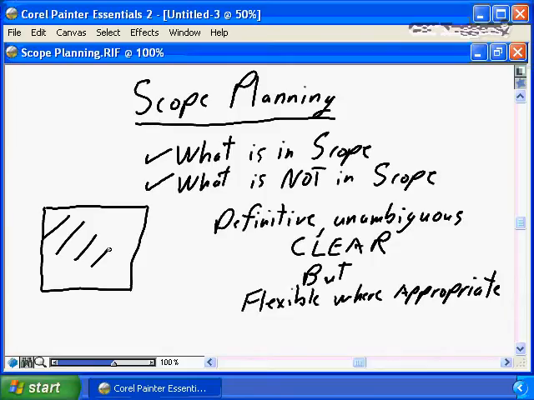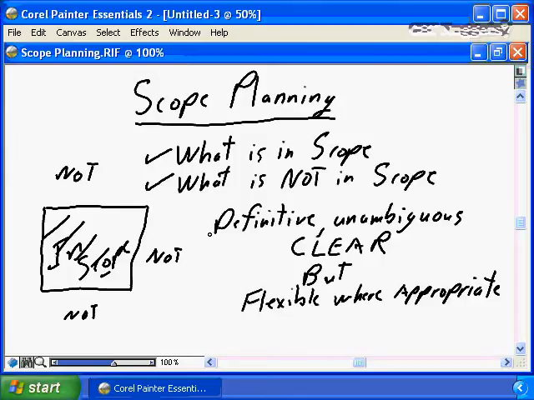Everything outside the box is not in scope. So your project is responsible for ensuring that it completes, delivers, satisfies all of the definition of all of the scope contained inside the box, but is not responsible for addressing any of the other business functions that may interface to, but not contained in the scope statement itself.